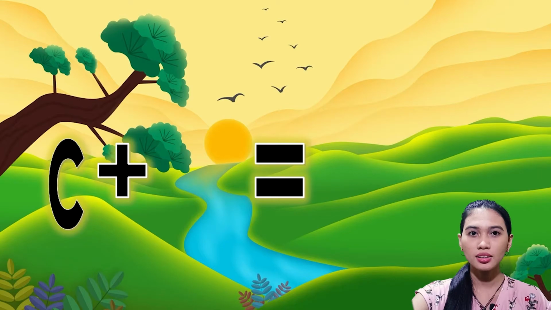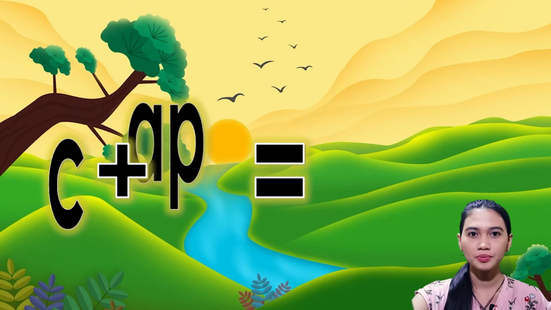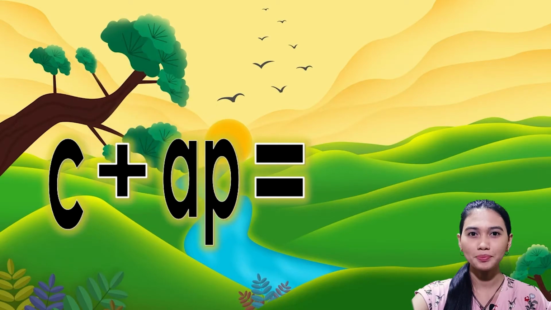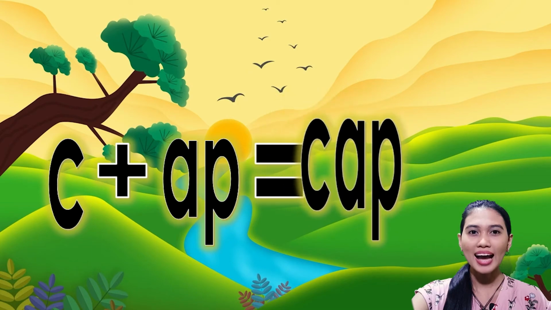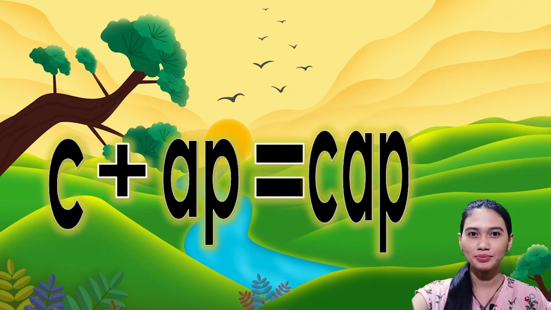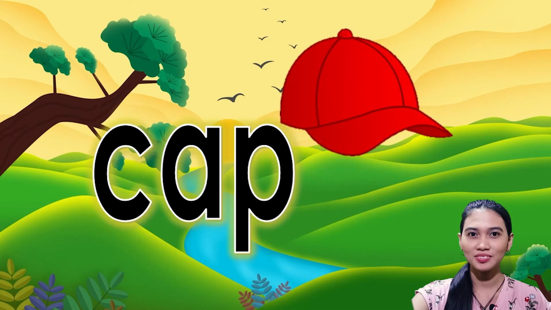K, k, k. Ap. K, ap. Cap. So how do you read that word? Correct. Cap.